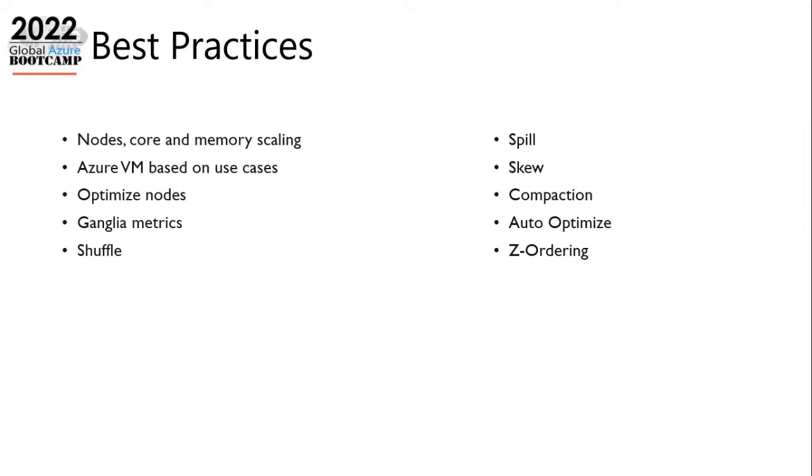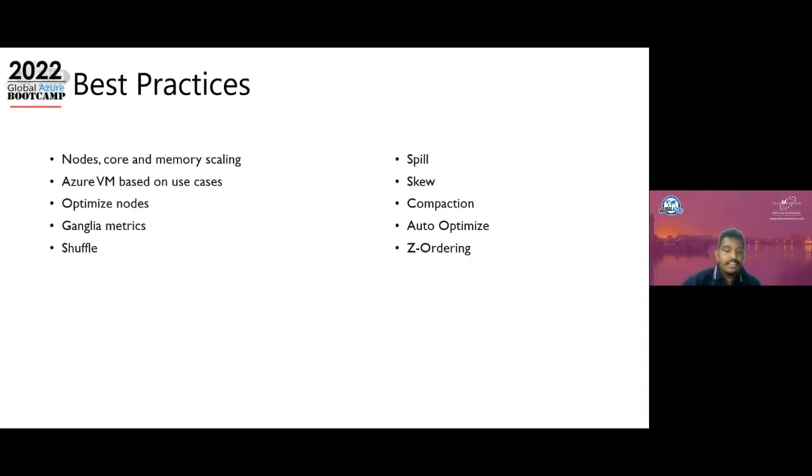And sometimes, if you are seeing a lot of network spikes, then you should use some SSD based machines, and if you are seeing a lot of spills, you should use higher memory machines. So using the Ganglia metrics, you can help to optimize your cluster.